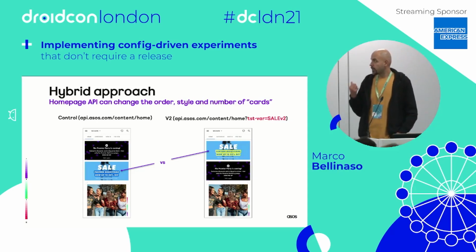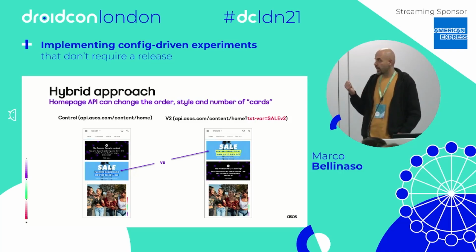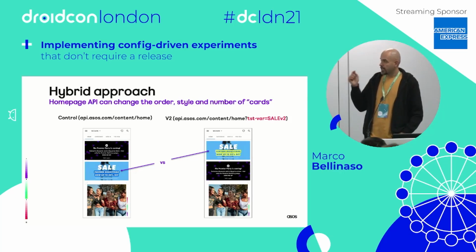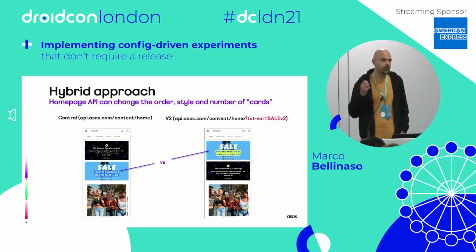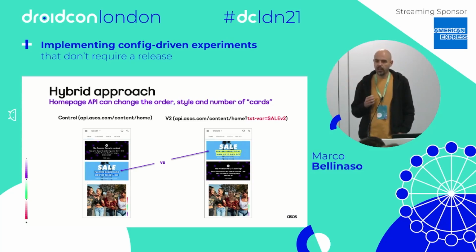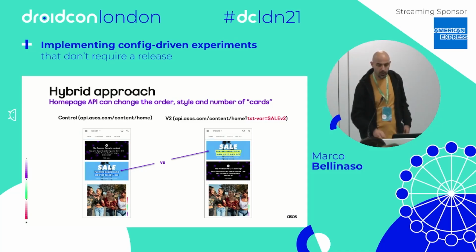So in the example on screen, you see that on the right-hand side, we call the API with an additional tst-var parameter, and when that is set with that value, the sale block is moved up to the top of the page, and it has a different styling. And this was maybe to test if by putting something at the top of the page with a yellow background for the text, maybe that's going to work better. So it's going to receive more clicks, and we are going to sell more.